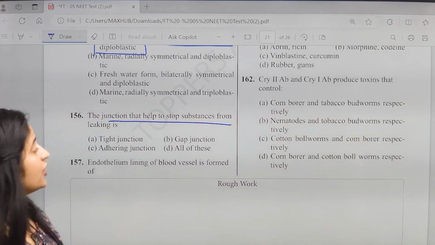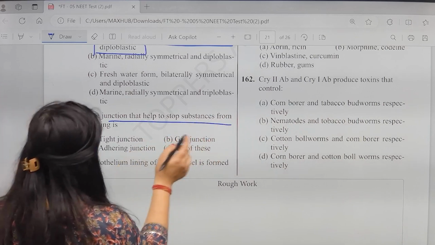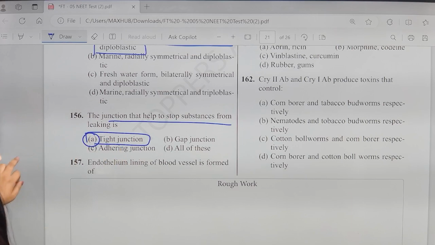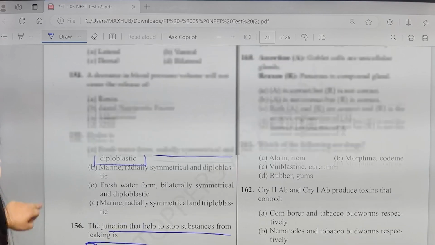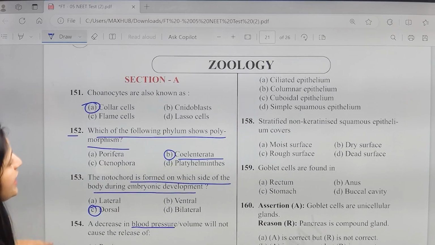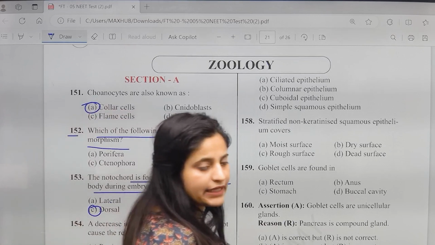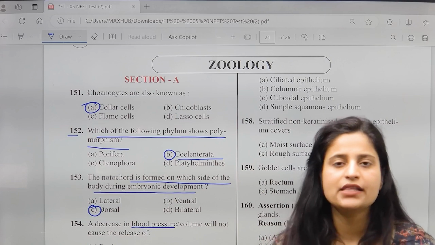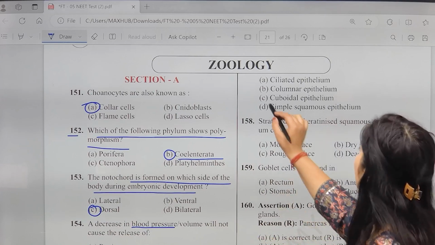So the junction that helps to stop substances from leaking is the tight junction. Next we have: the endothelium lining of blood vessels is formed by simple squamous epithelium. When simple squamous epithelium is present in your blood vessels, it is known as the endothelium.